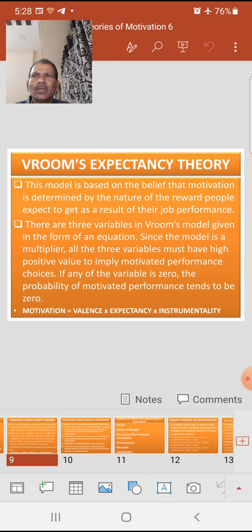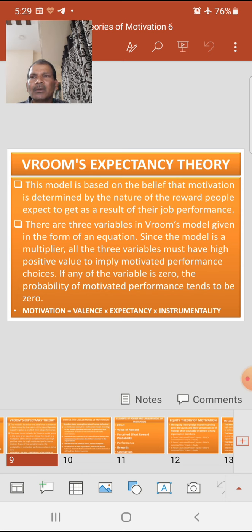Vroom's theory is difficult to research and apply in practice. This is evident from the fact that there have been very few research studies designed especially to test Vroom's theory. This theory assumes man to be a rational human being who makes all decisions consciously, but there are numerous instances where decisions are taken with no conscious thought.